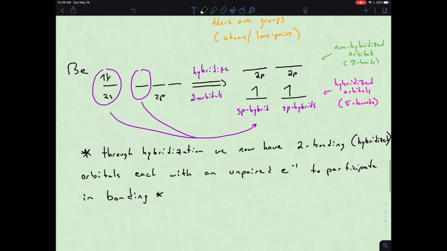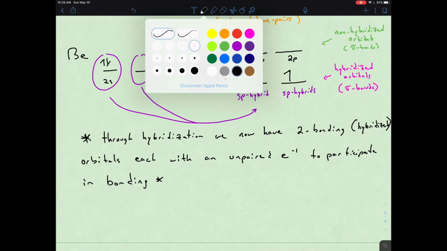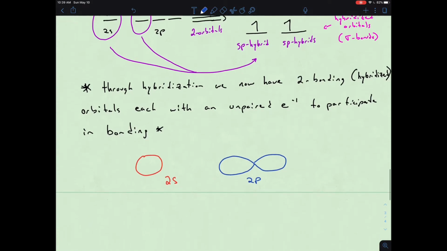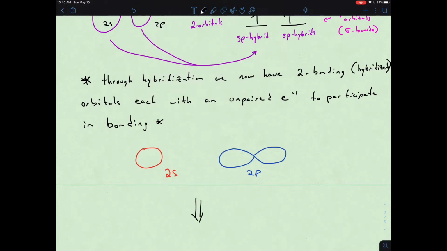So let's look at that idea a little bit further. I could start with maybe some orbitals and just kind of look at what we're doing with that process. Right? We had the 2s orbital, and we have kind of this p orbital, which we see here, and basically we're combining them in this kind of mashup in this hybridization process.